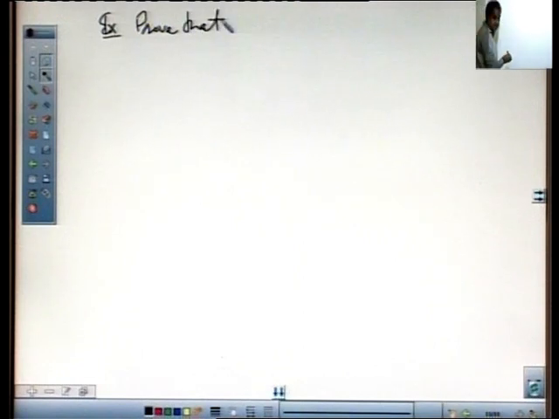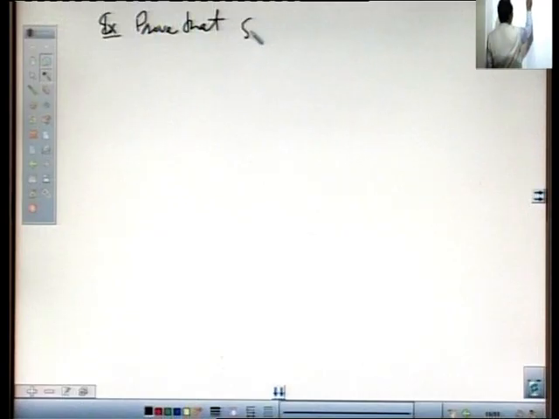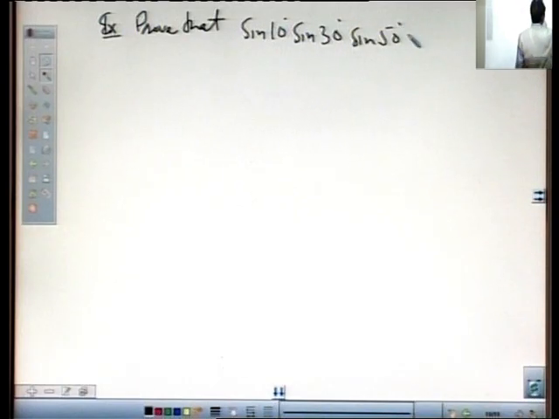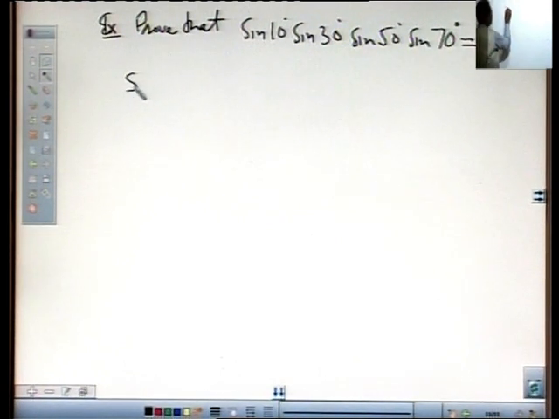First is: exercise, prove that sin 10 into sin 30 into sin 50 into sin 70 degree, this equal to 1 over 16, and solution of this.